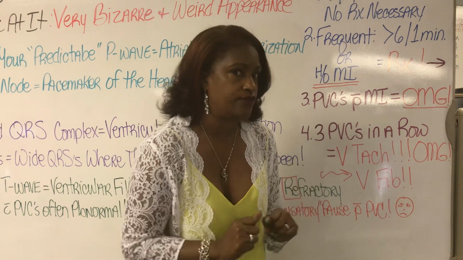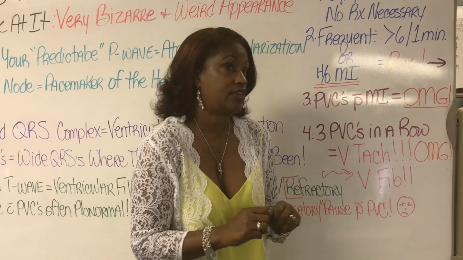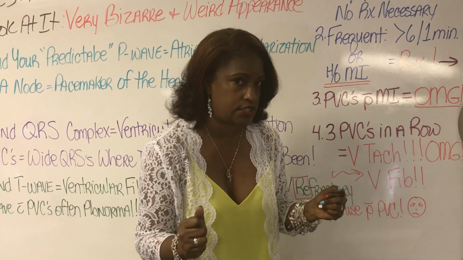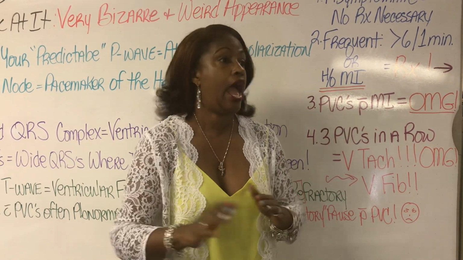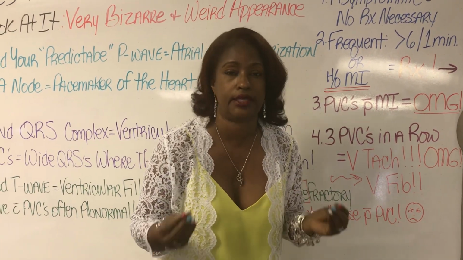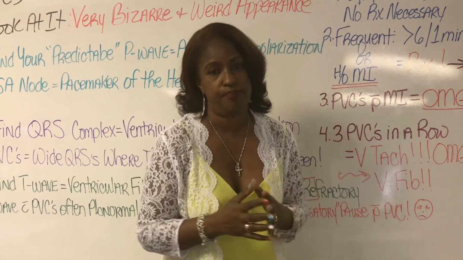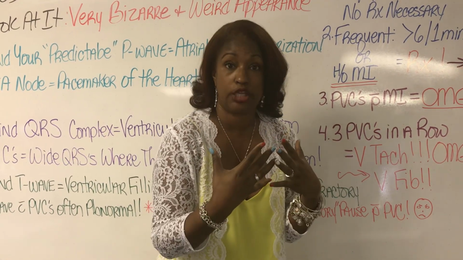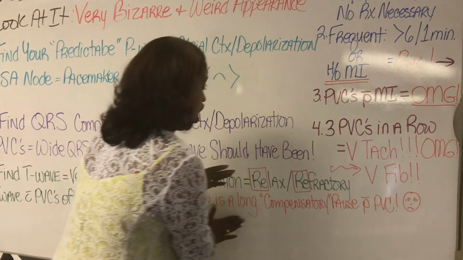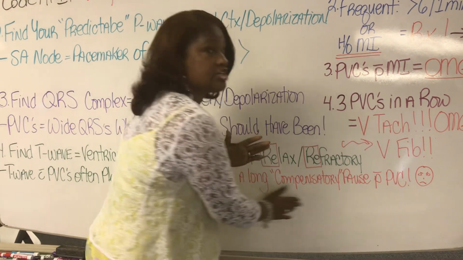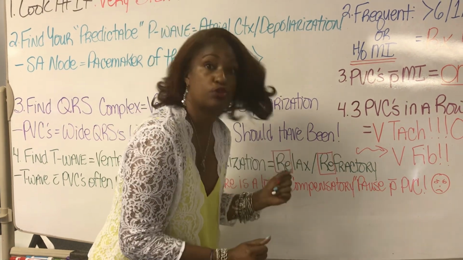You didn't want to wait for the atria to contract. The atria never even got a chance to contract because this QRS came immediately, and it came too early. It came before the P wave. And when it came too early, it pissed your heart off. So what did your heart have to do? Pause. What just happened to me? I just got screwed.